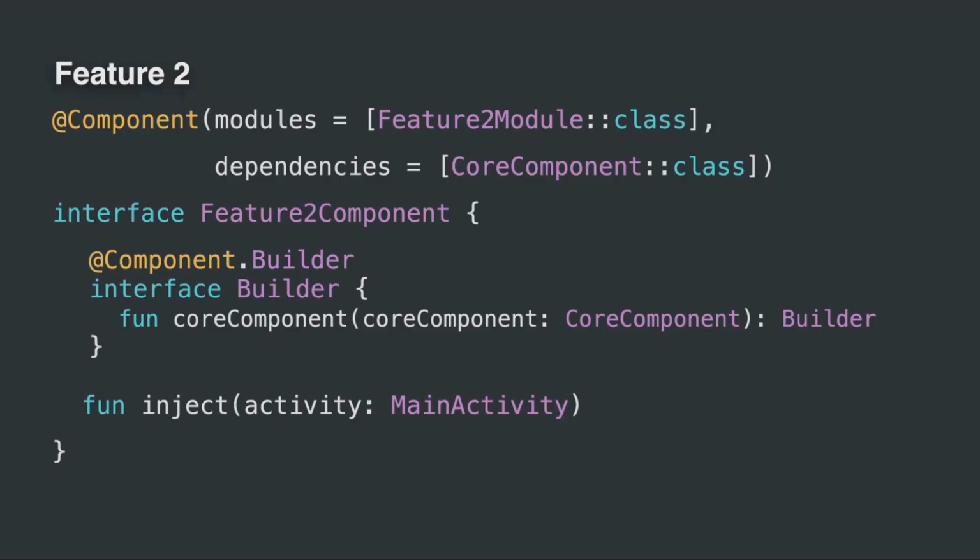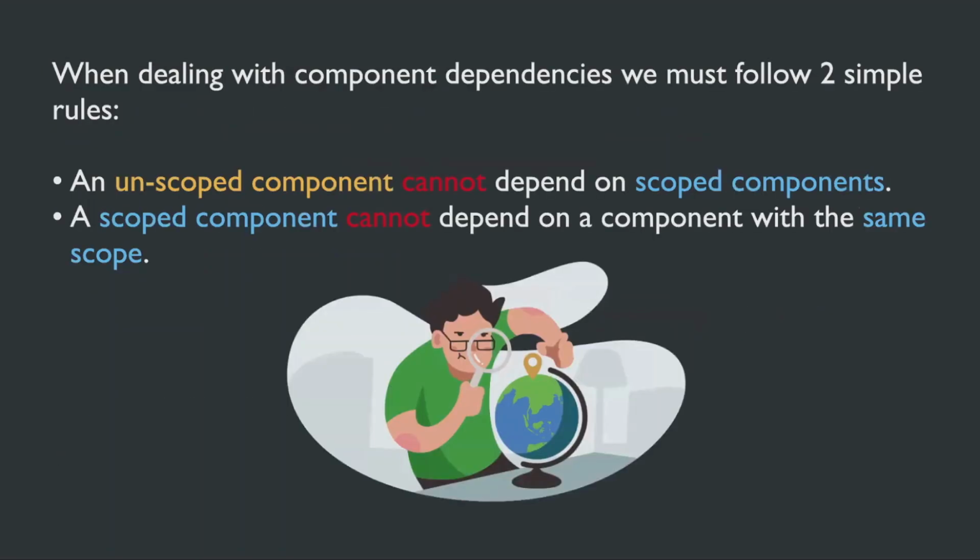Now, the problem with all of this put together is that with component dependencies, we must follow two simple rules. First, if an unscoped component is provided, let's say feature one is unscoped, you cannot really depend on something that is scoped. Core, if you realize, is scoped with a singleton, whereas feature was not scoped at all. So remember in Dagger, if you're working with a lot of dependencies or a component that depends on something else, make sure that you add a scope to your modules.